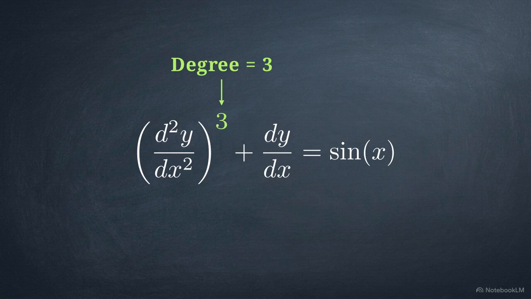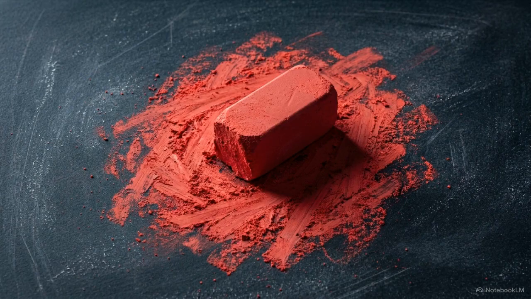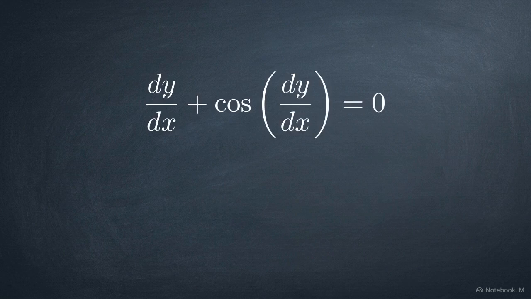There is a critical mathematical condition here. It only has a defined degree if it can be expressed as a polynomial in its derivatives. This leads directly to the edge case that traps many engineers: derivatives locked inside other functions. Take a look at this equation. We have a first derivative trapped inside a cosine function.